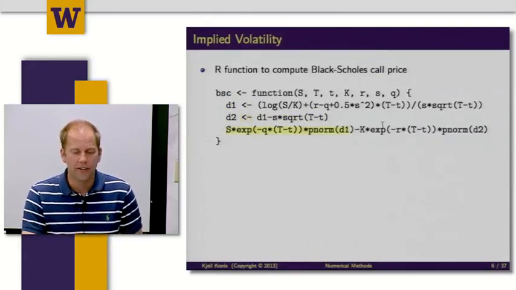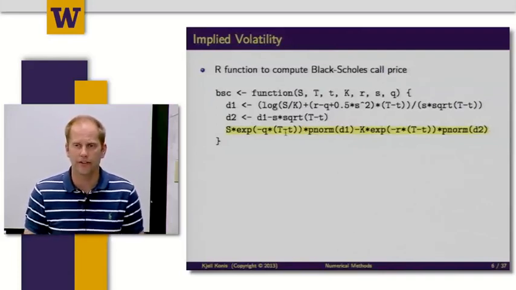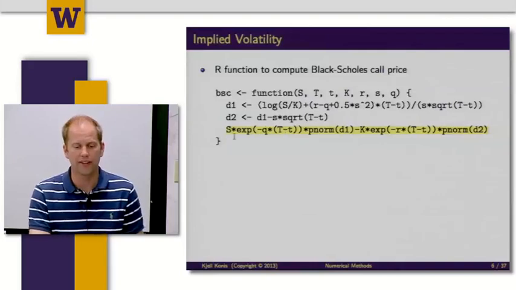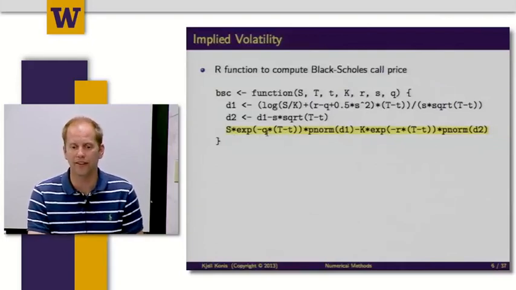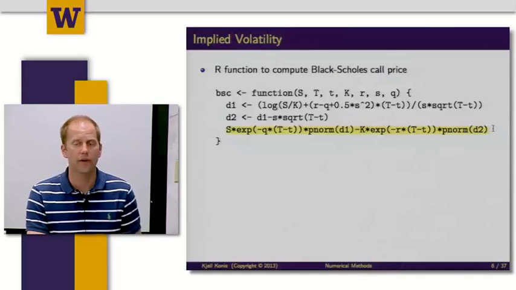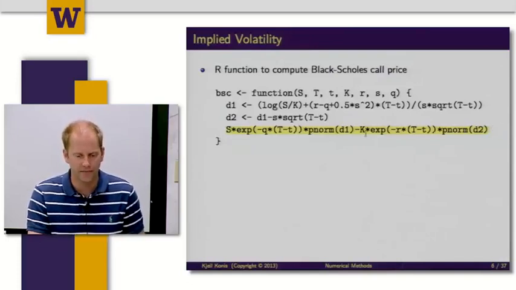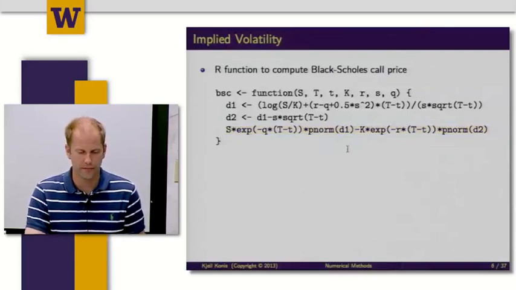But then in R, because this has the keyword function here, this thing is a function, and the last expression in a function gets returned. So you can, if you want, assign this to Black-Scholes call price and then have one more line that says return Black-Scholes call price. Or you can just put an expression for the thing that you want your function to return as the last line. So that's why this is going to work.